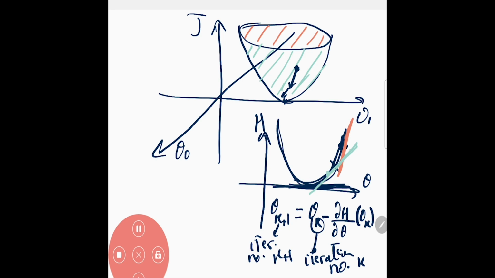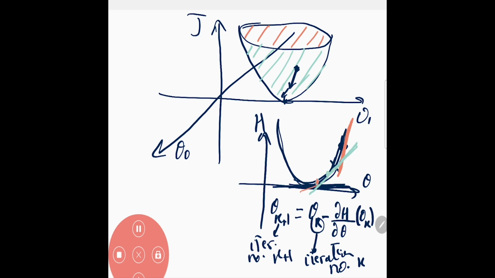If we plug in the value of the new derivative of h at the point theta k plus 1 in this equation, in order to get theta k plus 2, we can see that theta will continue decreasing, but it will not decrease by the same factor as before. It would just be reduced, but less than before. So let's say the theta will end up somewhere here, for example.